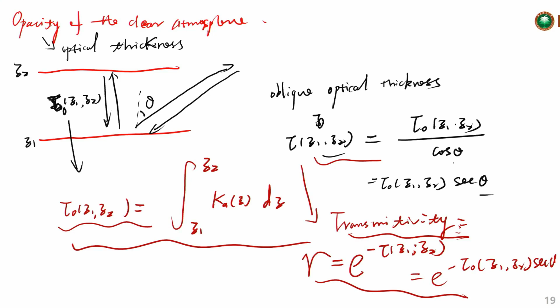We can calculate the absorption constant, the phase constant and the refraction performance, and the transmittivity or opacity of the clear atmosphere on the electromagnetic waves.